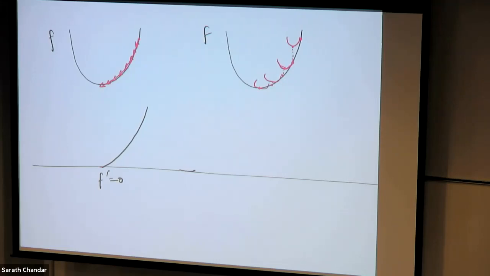In the case of gradient descent, you take one step at a time and you eventually reach f dash equal to 0. This step is again based on your alpha.